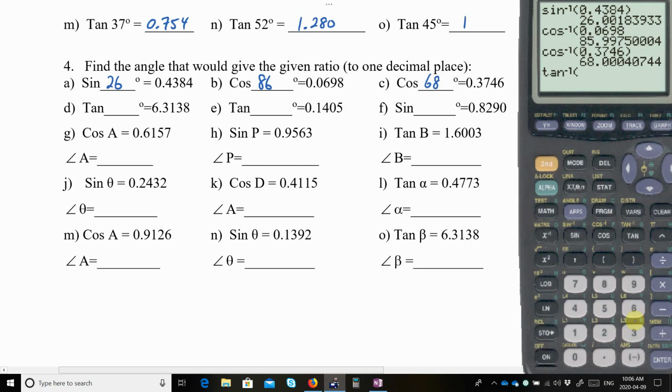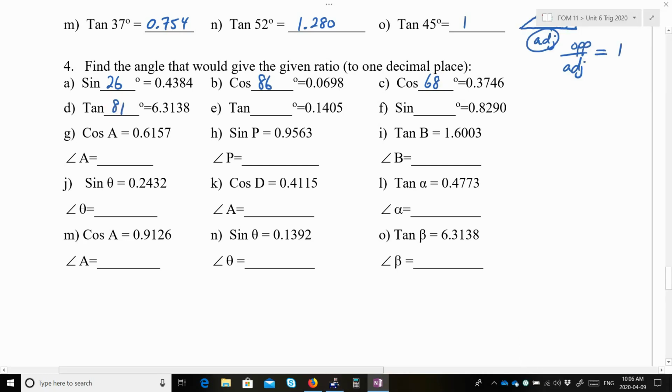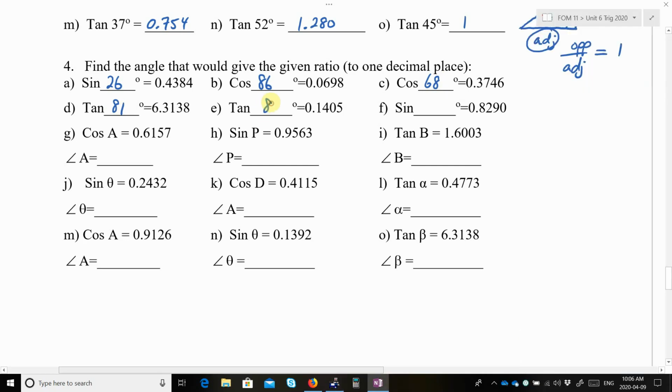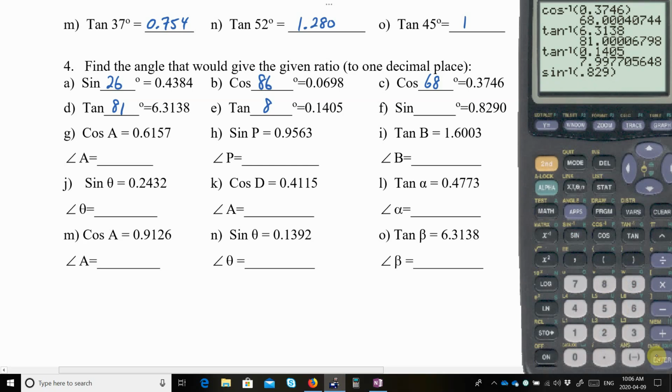Letter D is shift tan 6.3138. 81 degrees. Shift tan of 0.1405. And we get about 8 degrees for this one. Shift sine 0.8290.